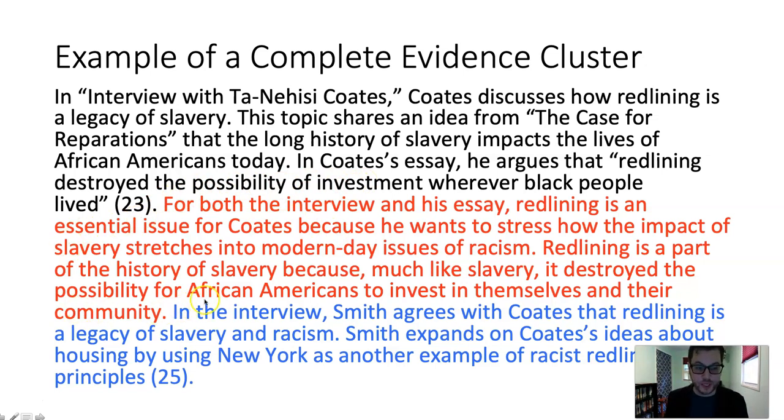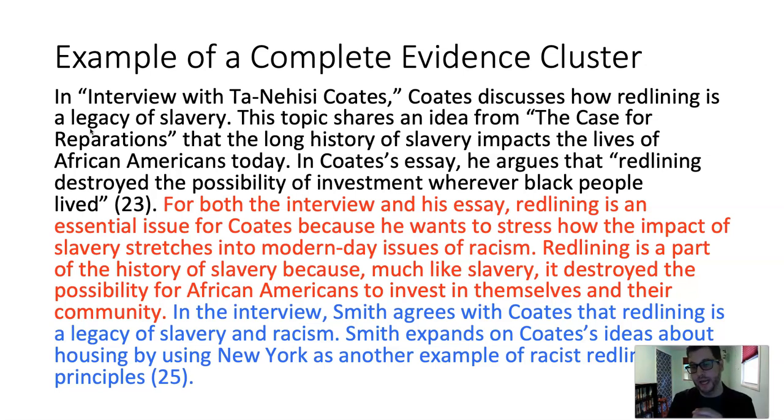So your first step after your quote is to tell me what is important, especially explaining any key phrases, ideas, or statements made in that quote. The next step relates it back to the point, right? How the idea of redlining is connected to the interview that was used as a piece of evidence in part 1 of this student's paper.